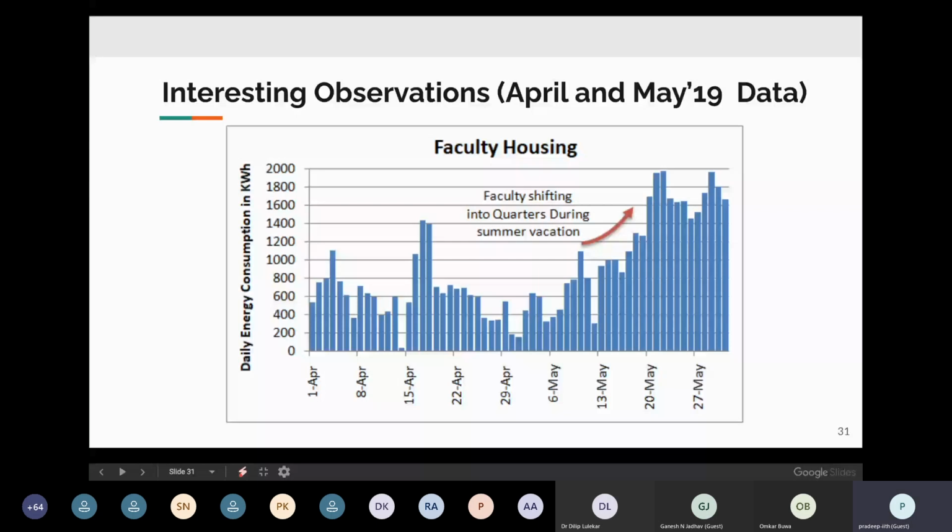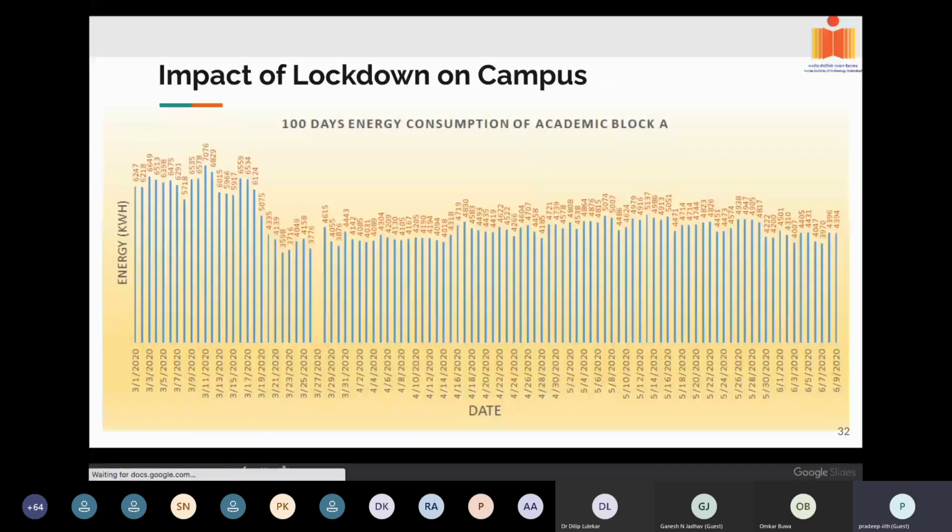Now this is for 2020. So this is the impact of lockdown on campus. This is 100 days of energy consumption of our academic block. In the academic block of IIT Hyderabad, we have a central AC system, a central server, the computer center, and a lot of labs which require 24-hour power supply.